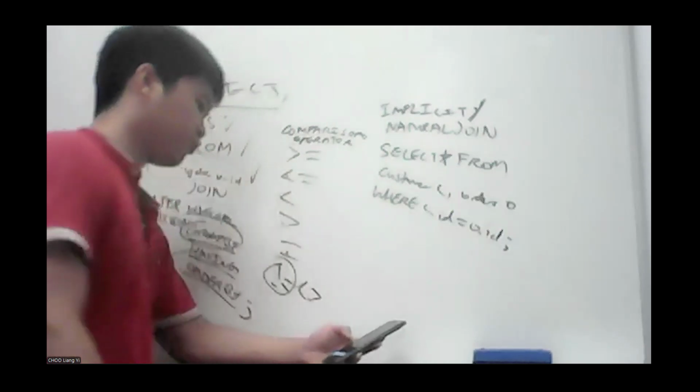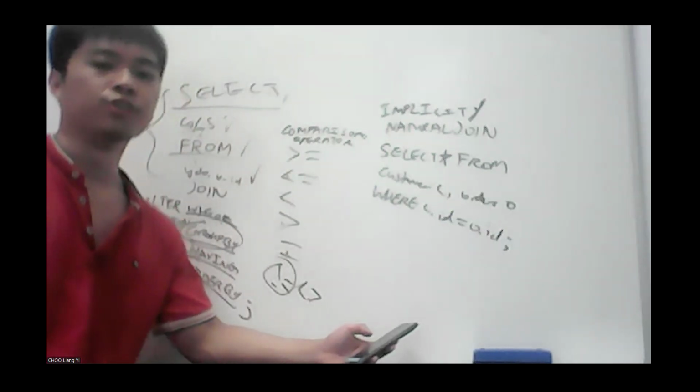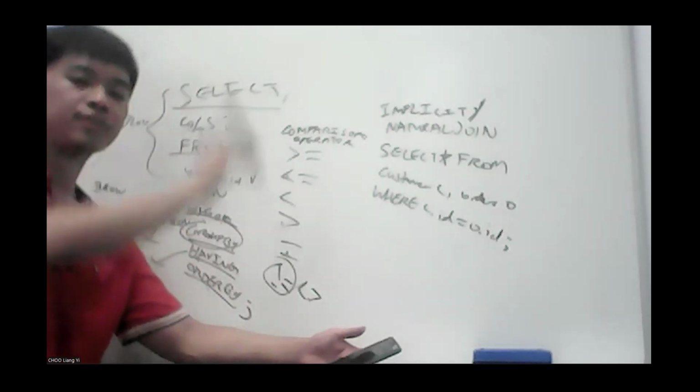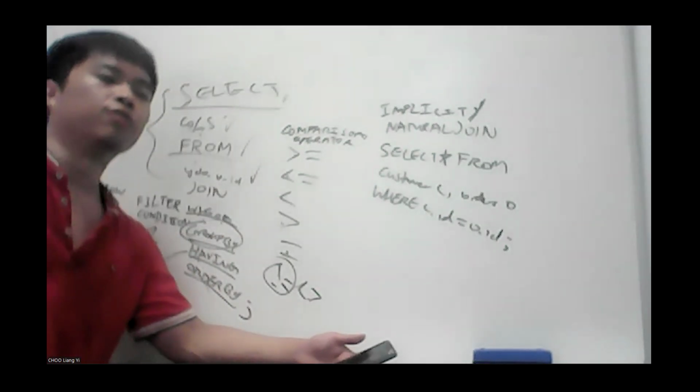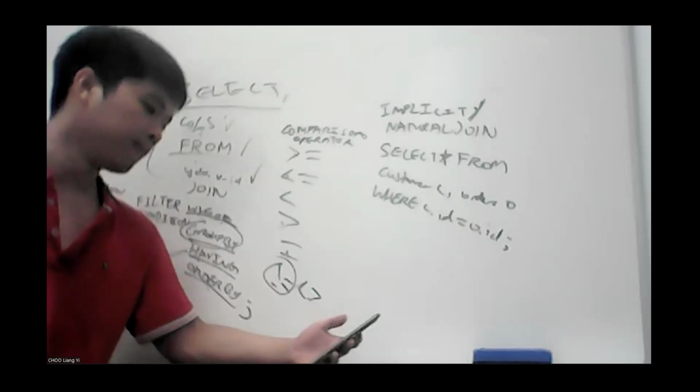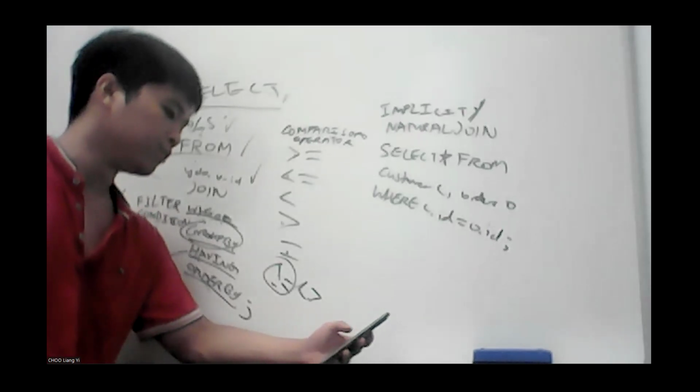So like I said at the start of the lecture, to join you need to have things in common first. In this case, for the purpose of SQL, the attributes or the columns must be in common before you can join the tables. This one is what we call implicit or equal join.